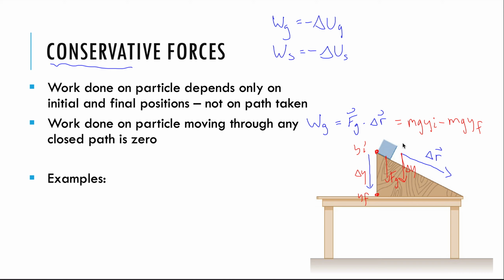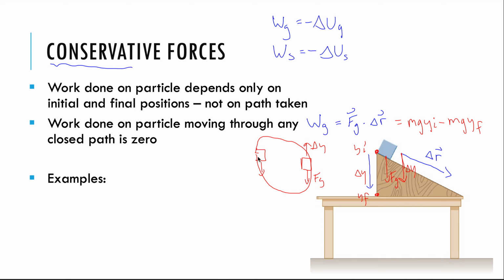So let's say you have a roller coaster, and a box is moving really fast around, and gravity does work on it as it goes down. Well, as it goes up, what kind of work is gravity doing? If the delta y is going up, the force is still down, right?